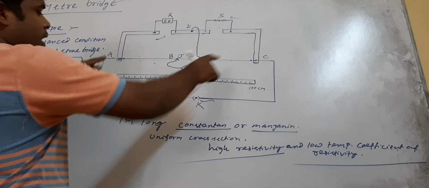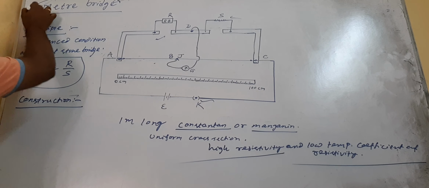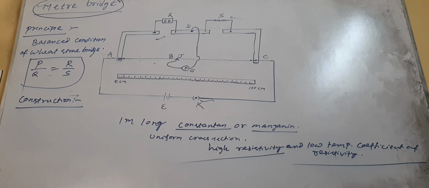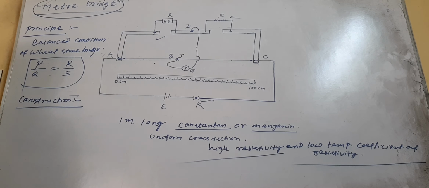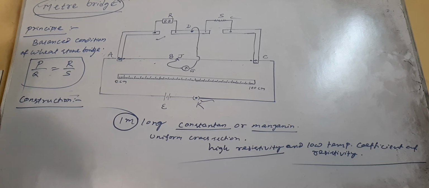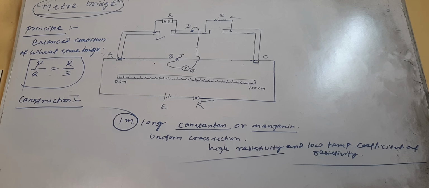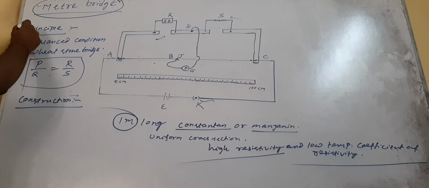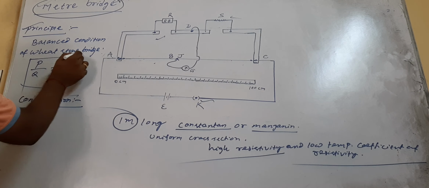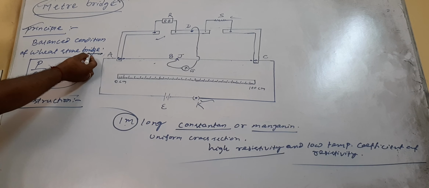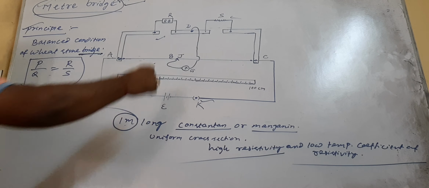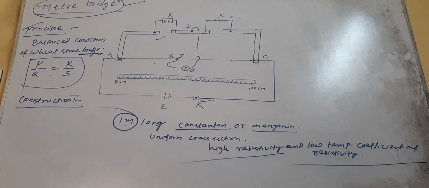And this wire, now come to the word meter bridge. Why is it named so? As we are using 1 meter long wire, from here you got the word meter. And as it is based on the principle of Wheatstone bridge, from here you got the word bridge. So the device is named as meter bridge.